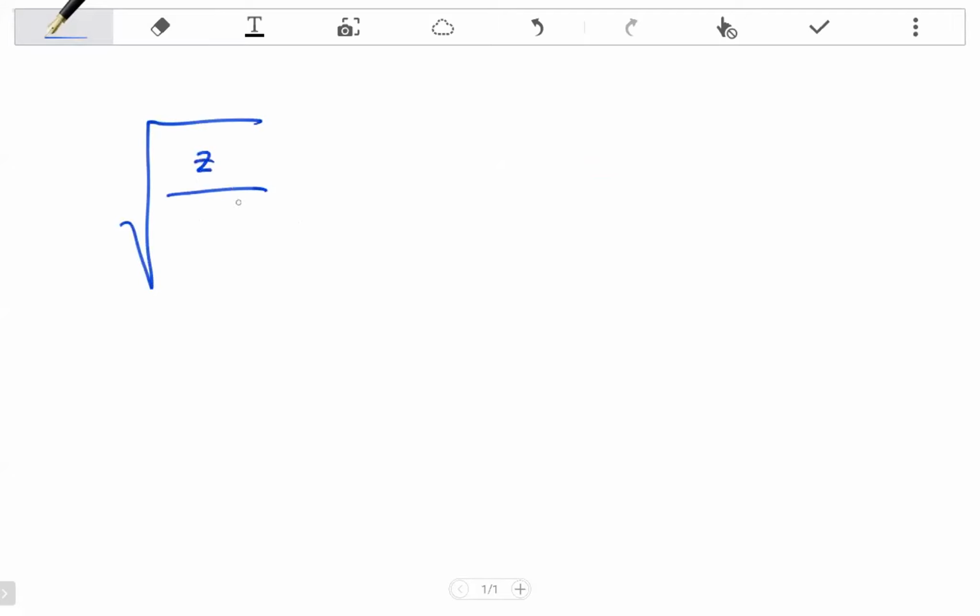The square root of z over z to the 1/3. Okay, so this looks pretty complicated. We have a huge radical, and inside of it there's a fraction and another fractional-form radical. So in this case, we have this in radical form, but we have this inside in fraction form. Remember I said it's easier to work with fractions. So let's change this whole inner thing into a fraction.